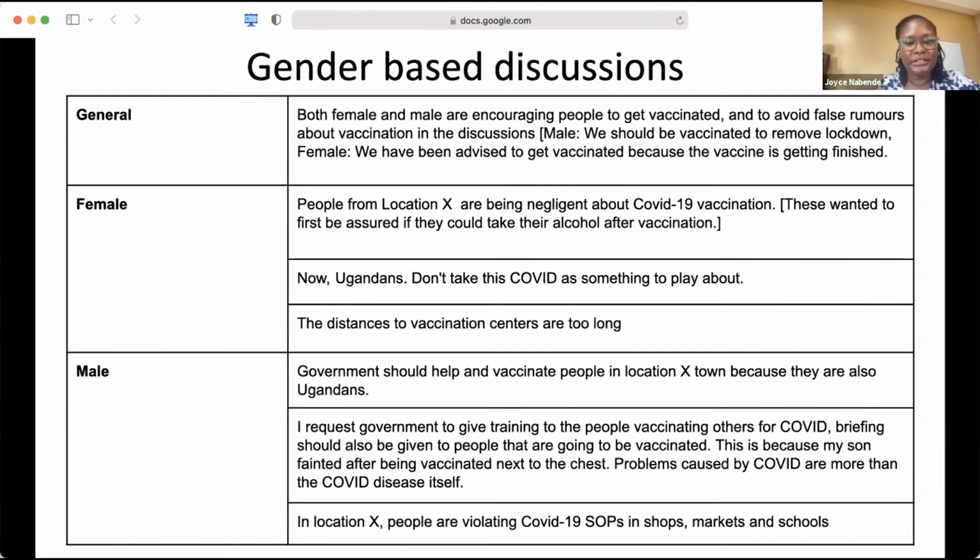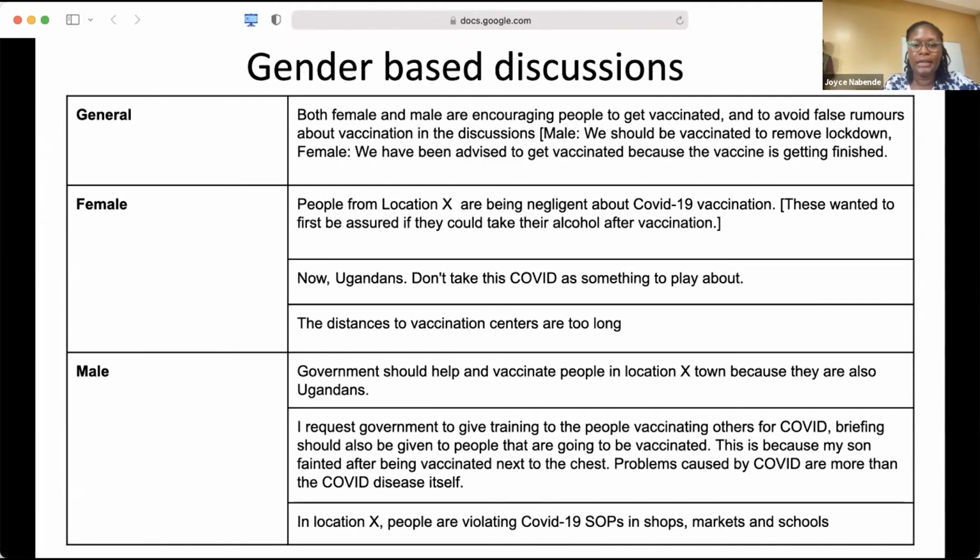Then females in particular cared about, for example, the distances to the vaccination centers being too long. So maybe it's very difficult for them to walk there. You never know, maybe they have to carry their babies along as they go to be vaccinated. So they care about that. They want the vaccines to be brought closer to them. But they also wanted to be assured that people in a certain location are not negligent about COVID-19 vaccination.